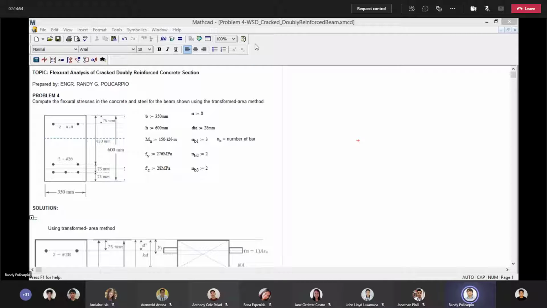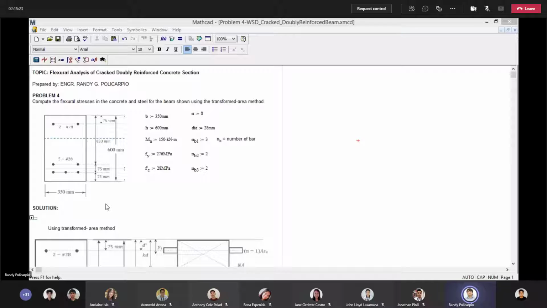And that is based from the WSD method. So ibig sabihin, yung pagkuha natin dito ng centroid, yung paggawa natin ng transform section, yung pagkuha natin ng moment of inertia, gagamitin uli natin ito pagdating natin sa serviceability requirement, no? Sa design ng beam.